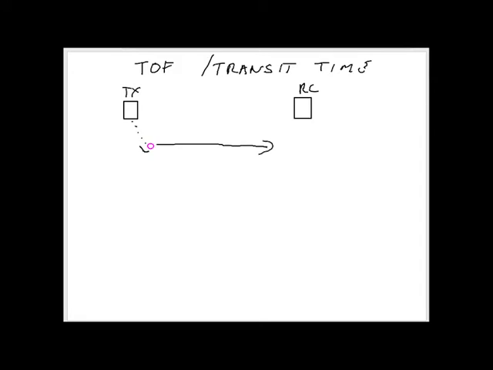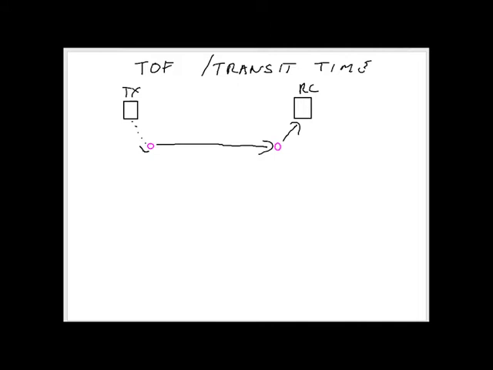The carrier moves down the pipe, and then when it gets near to the receiver, it sends that sound pulse to the receiver. All we need to do is measure the time it took to go from the transmitter to the receiver, and we know the speed at which the carrier was moving. If we know the speed at which the carrier is moving, we know the speed at which the fluid is moving, and so we know the flow. Time of flight, transit time.